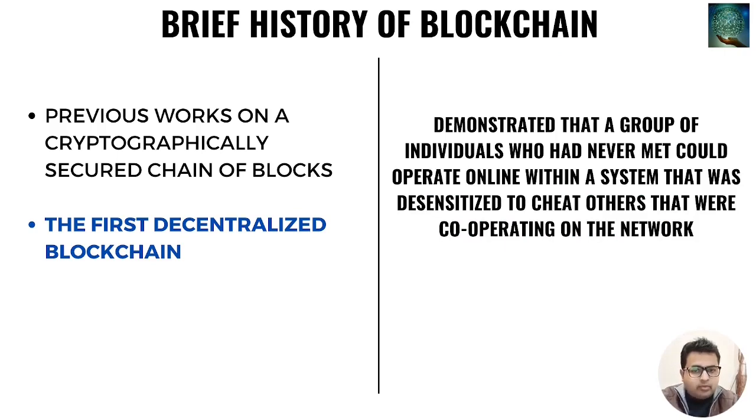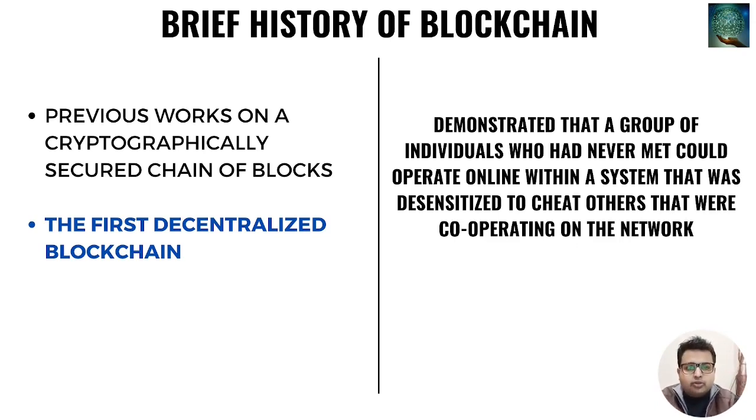That concept demonstrated that a group of individuals who had never met, this anonymous group, could operate online within a decentralized system without cheating the others cooperating on the network. So the first decentralized network means a network of anonymous people where no one can cheat one another.